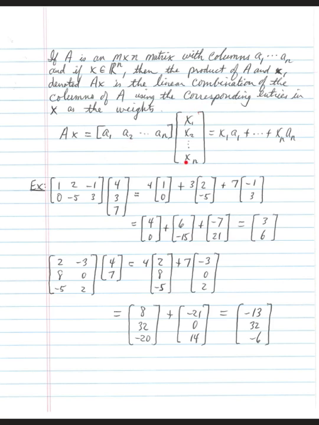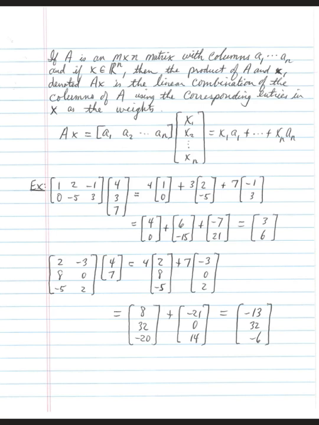Vector x will need to match however many vectors are in A. That's going to be the number of entries in vector x. But anyway, like we calculated with vectors and weights earlier, you multiply a1 times x1 plus a2 times x2 and so forth until you get to the end, an times xn.